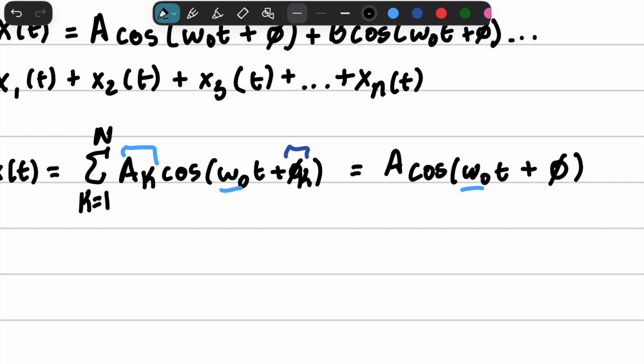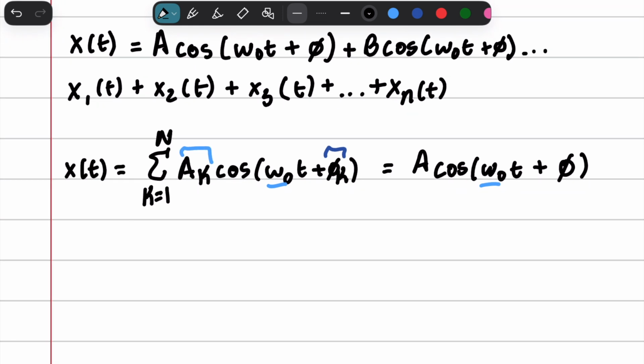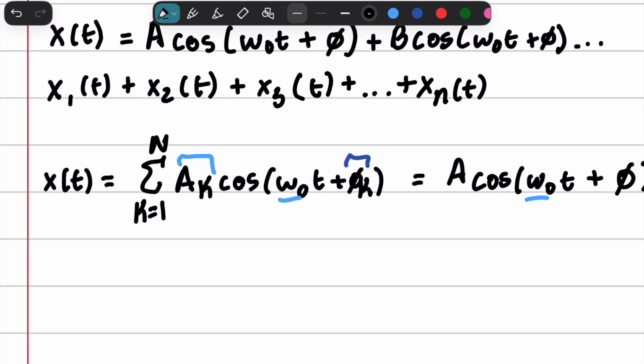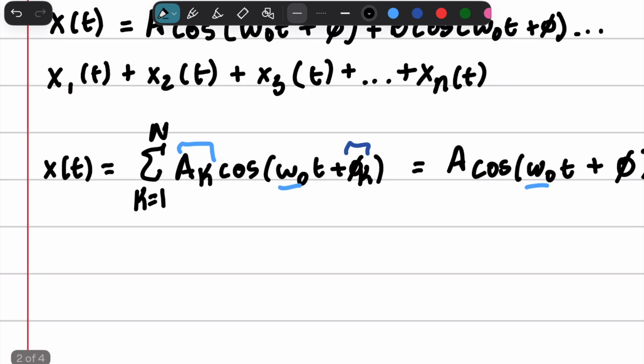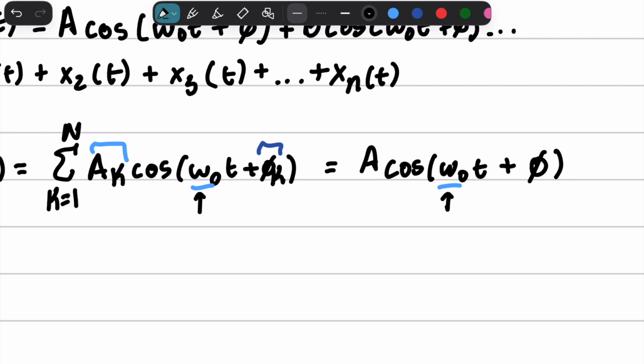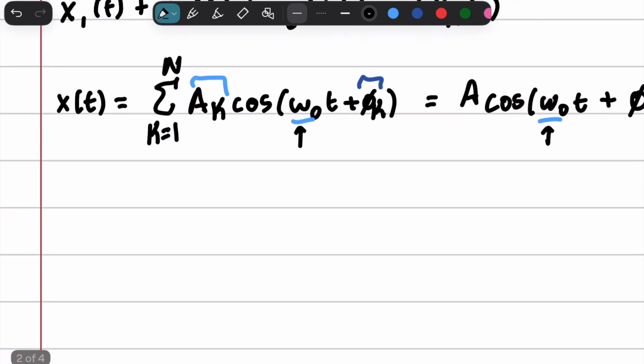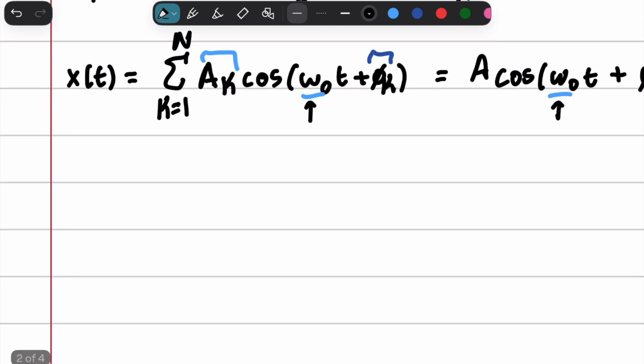Now, this is really cool because what we can do is turn this sinusoid into the polar form, and then we can just add up the phasor portion, and we can leave out the frequency portion, and we don't have to add them up. Now, here's the proof.